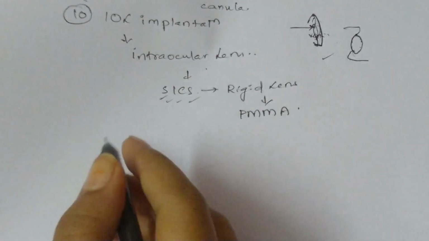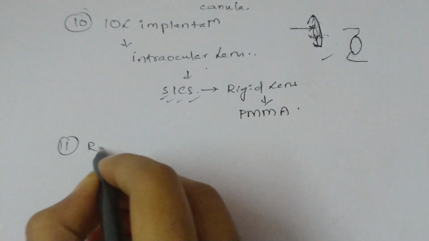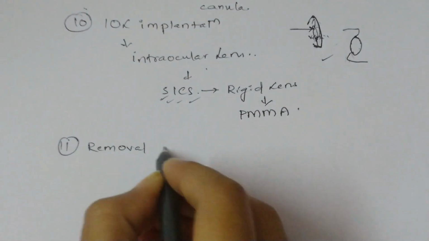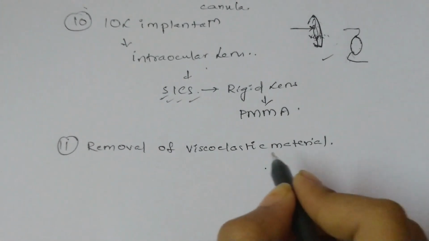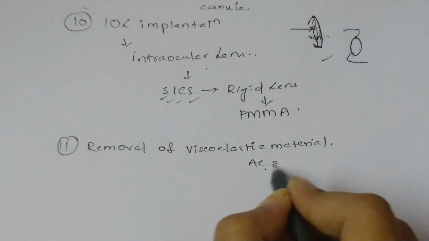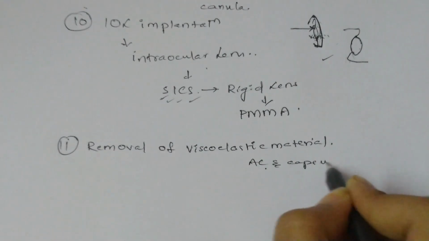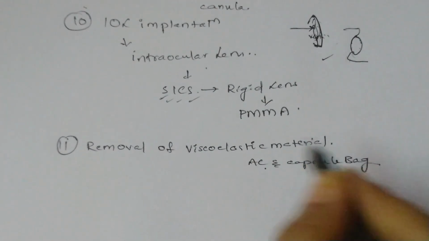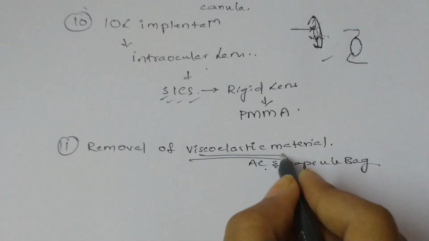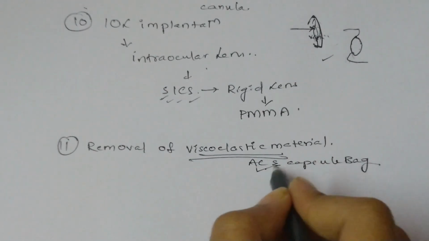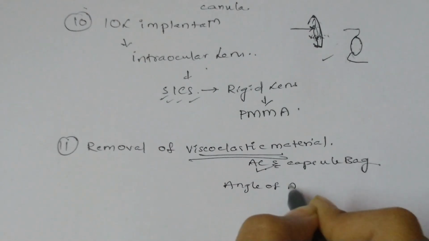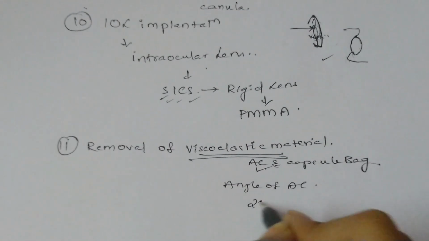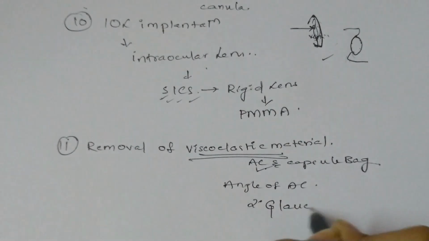Next step is removal of viscoelastic material. The whole of the viscoelastic material present in the anterior chamber and the capsule bag has to be removed. If we leave some of the viscoelastic material in the anterior chamber, that can obstruct the angle of the anterior chamber, thereby leading to secondary glaucoma.